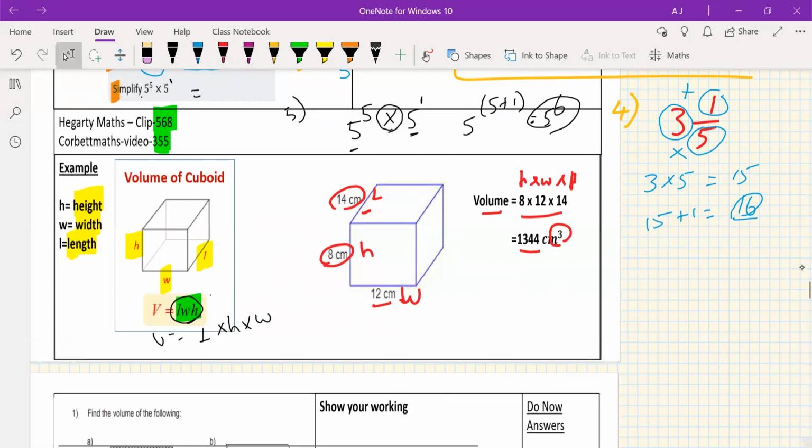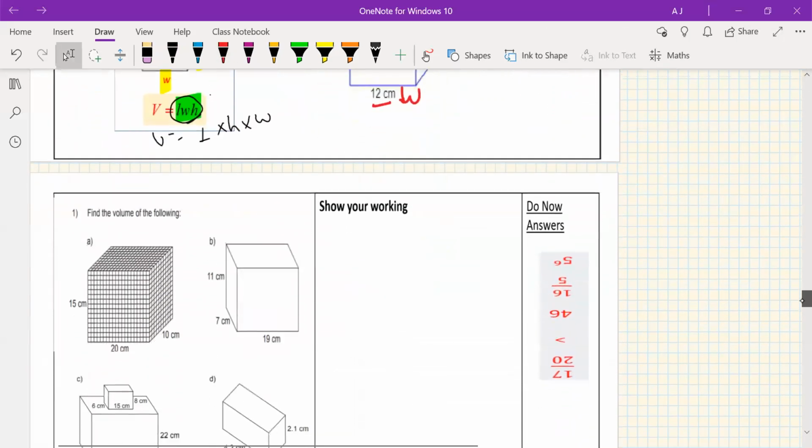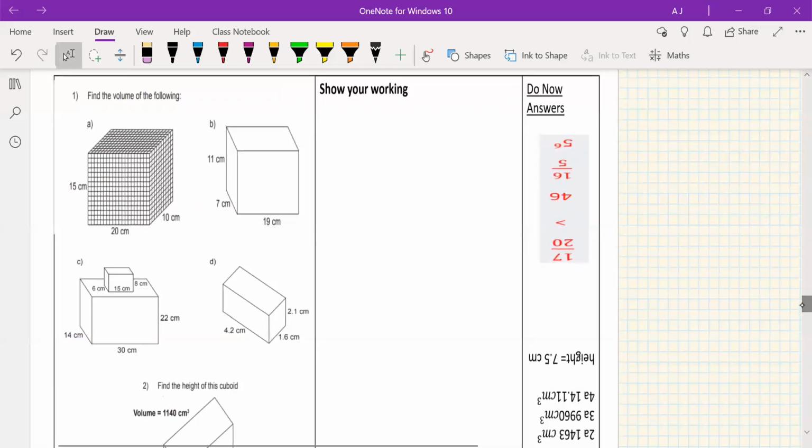Right, that is an example. And we move on to questions here. Question 1, that's the cube. Cuboid is there. So all you need to do is label which is which. We have a 20 centimeter, 10 centimeter, and 15 centimeter. This 20 centimeter represents this line here, and 10 centimeter represents this part, and 15 centimeter represents that side.